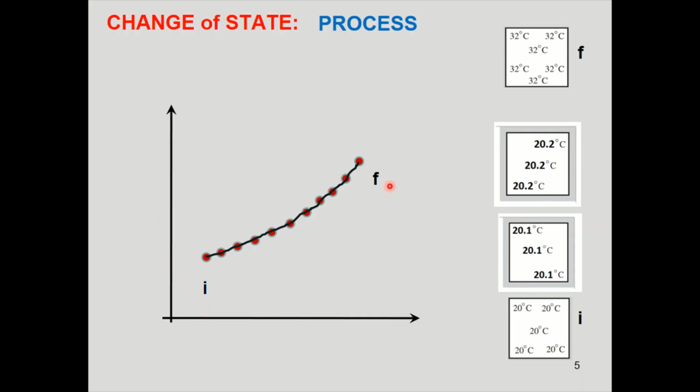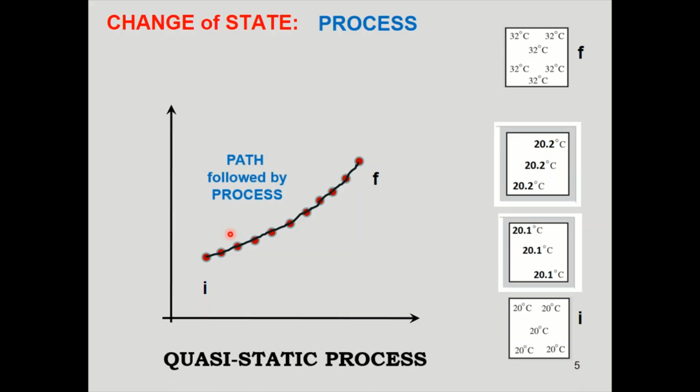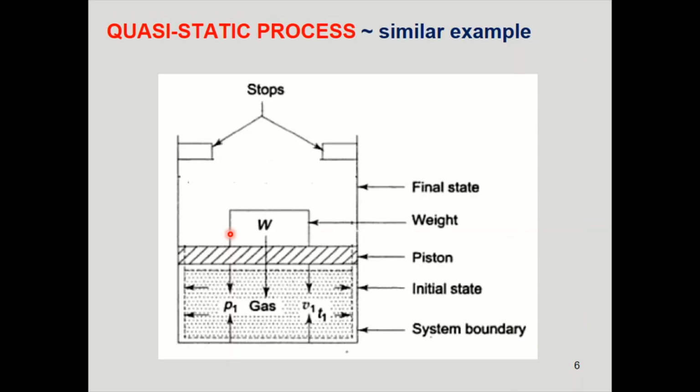When we are talking about the quasi-static substitute of that, we will be considering that condition also. Temperature will be constant. So this is the path followed by the process. Here is another example, a similar example of a quasi-static process.